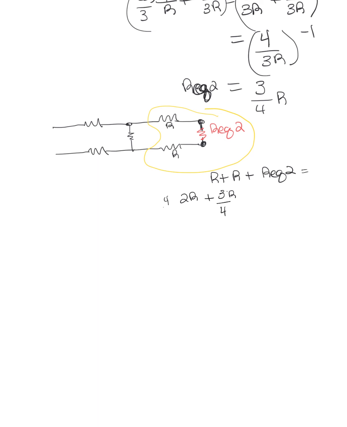We need a common denominator, so we're going to multiply by 4 over 4. That will give us 8R over 4 plus 3R over 4, which gives us 11R over 4 for our equivalent resistance. Now we're on 3. All right, so we're going to redraw our circuit.